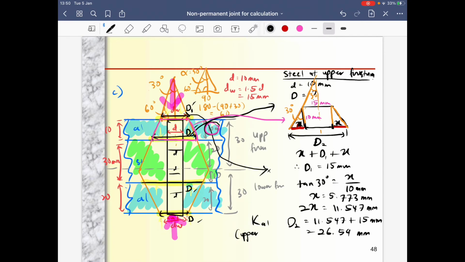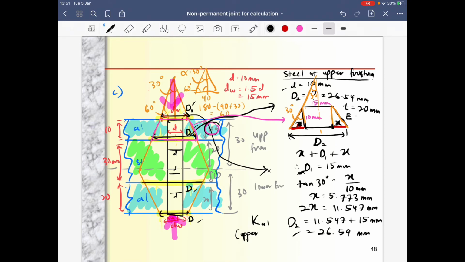Alright, good. So D here is D2. Now you have D2, you have the small d, which is 10 mm. You have the thickness. So D2 here is 26.54 mm. The thickness is how much? 20, right? 20 mm.